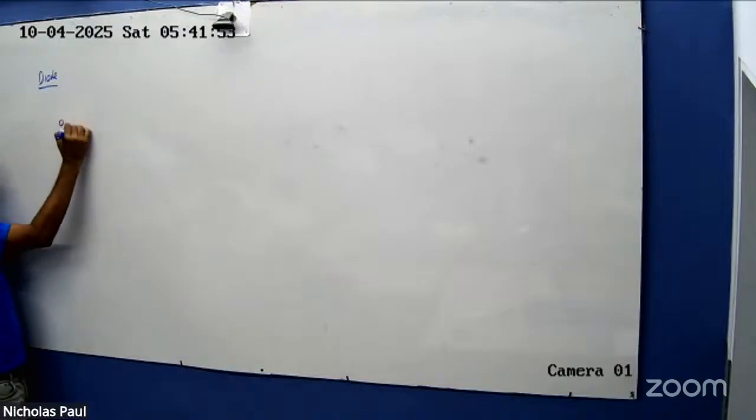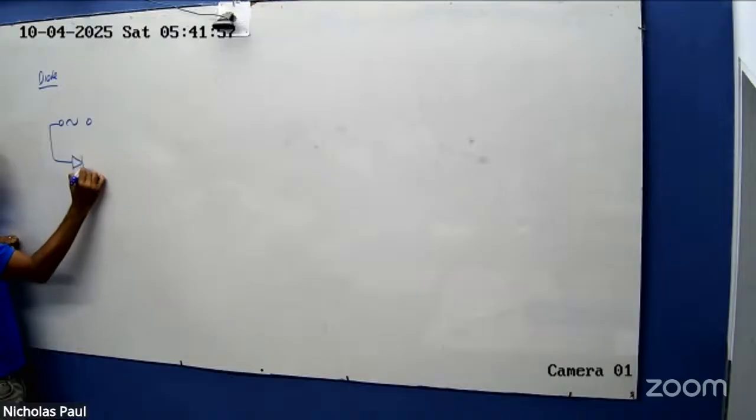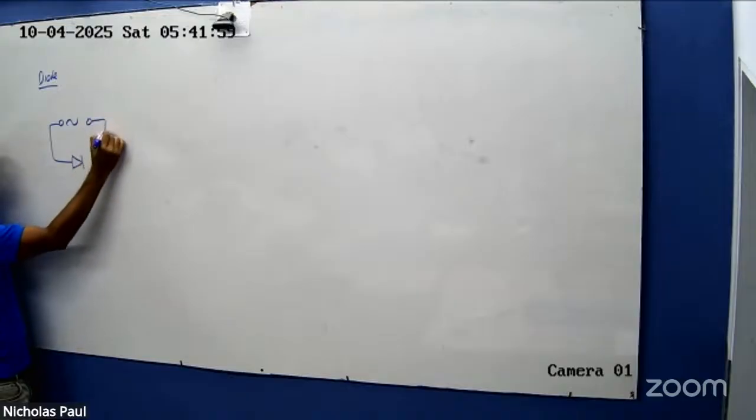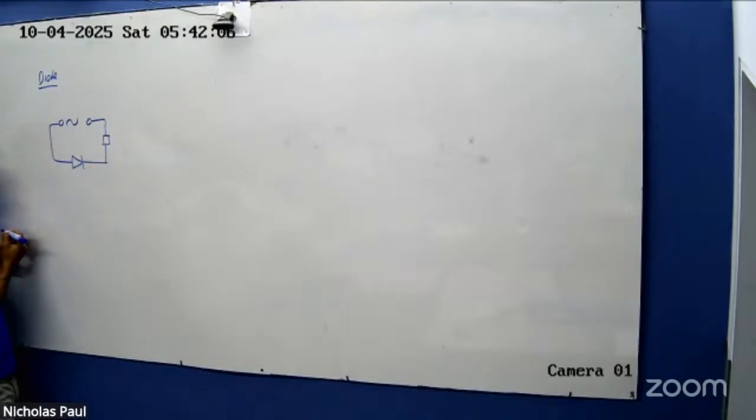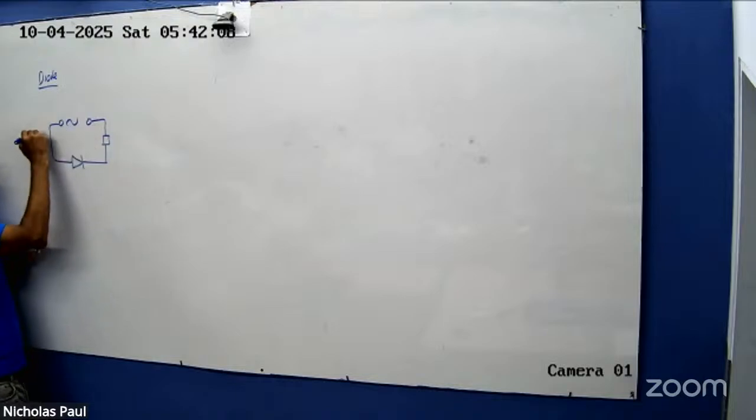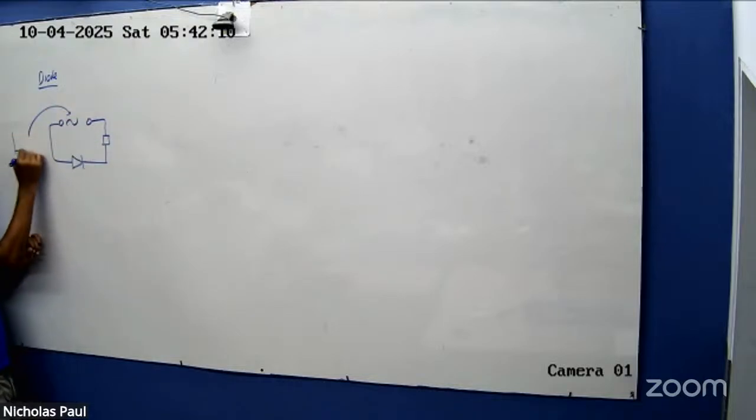So if I give you an alternating supply and I connect the alternating supply to one diode, so your supply here looks like this, right? Alternating.